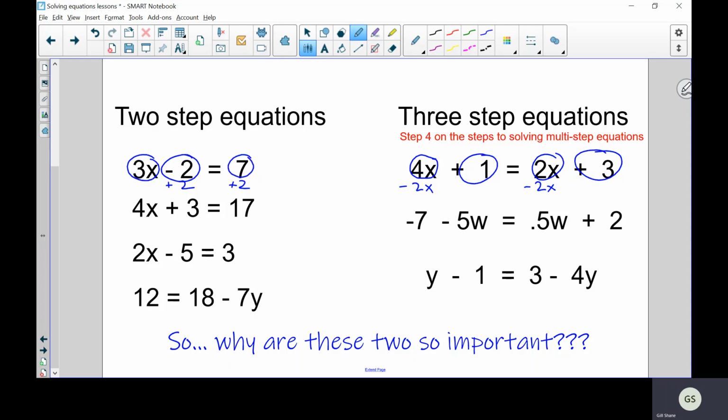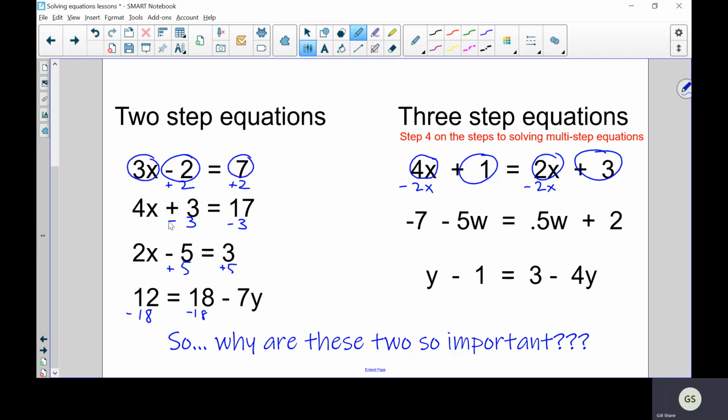We said when we get to one of these two steps, either a two-step equation or a three-step equation, that is the only time we do something underneath an equation. There's no other type of equation where we do this. For example, here we would say subtract 18, subtract 18.